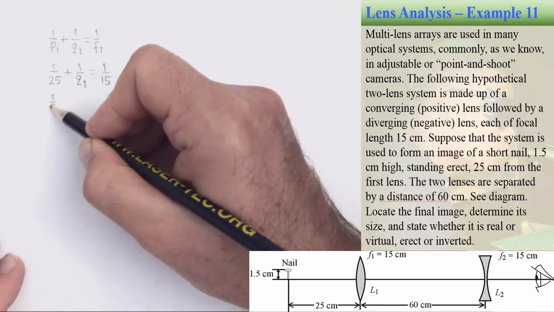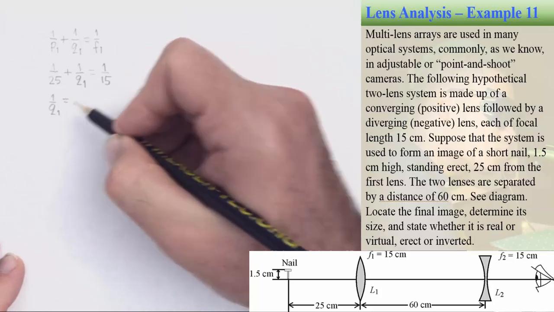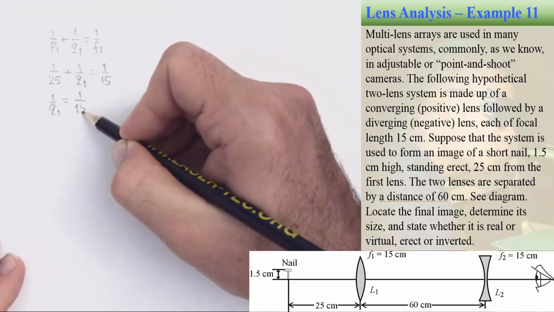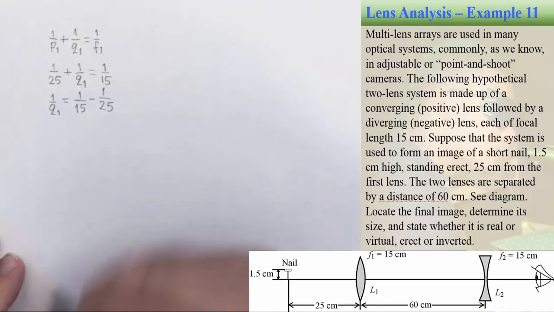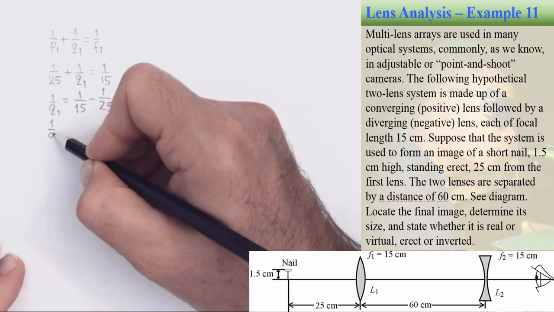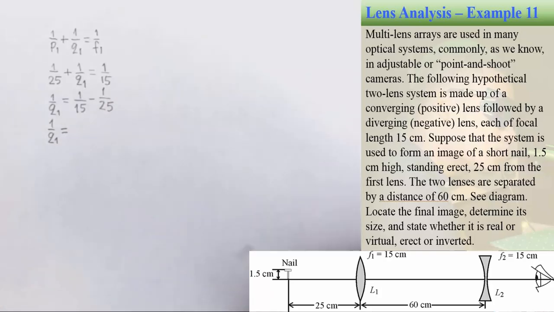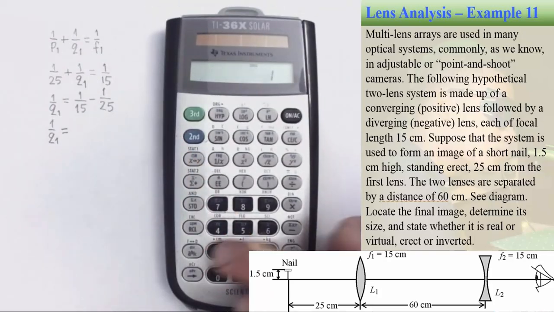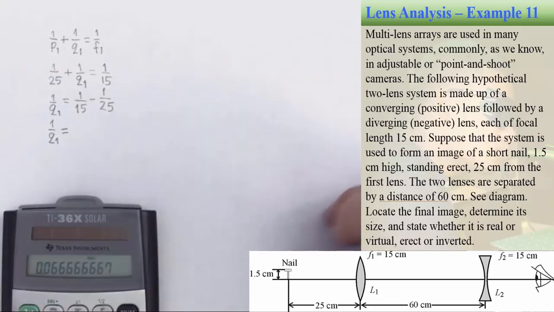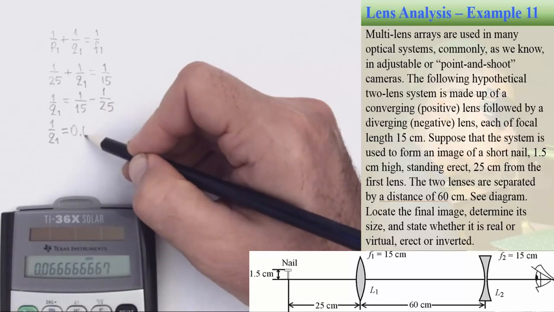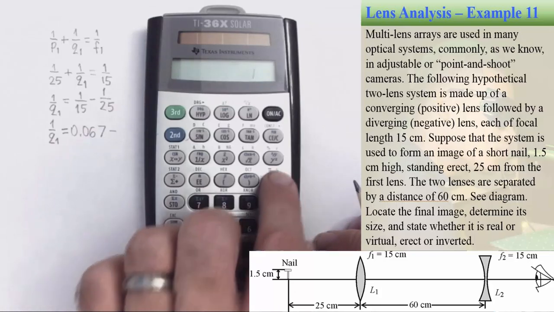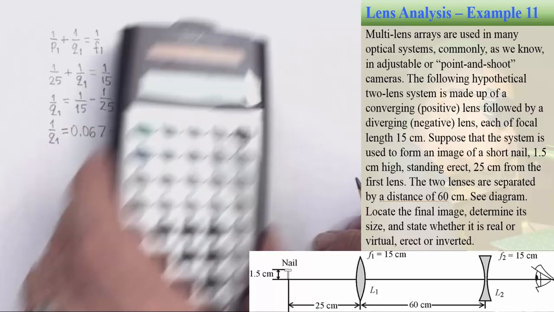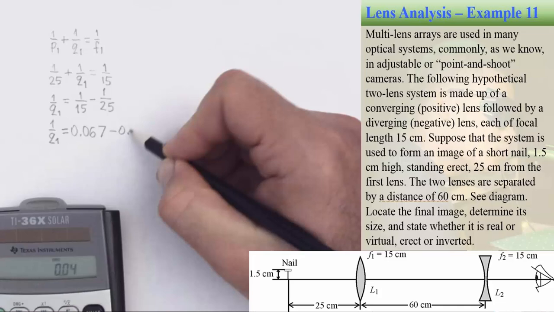So 1 over Q1 is going to be equal to 1 over 15 minus 1 over 25, or 1 over Q1 is going to be equal to, so 1 over 15 is 0.067 rounded, minus 1 over 25 is 0.04.